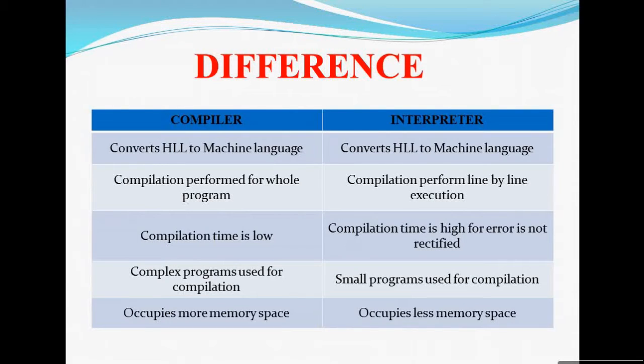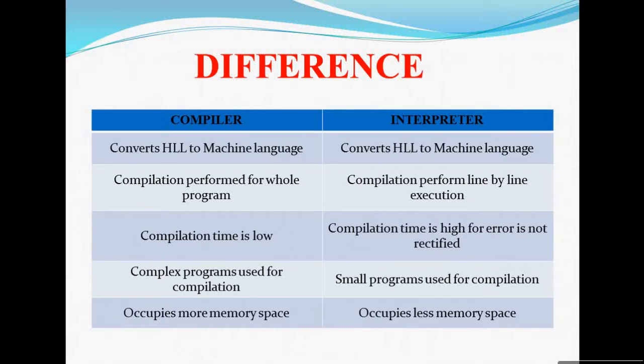And the third difference is the compilation time is low for the compiler, whereas the compilation time is high for the interpreter, where the errors cannot be rectified. So the next difference is that the compilation takes the complex program in the compiler, whereas the interpreter takes small programs for the compilation process.